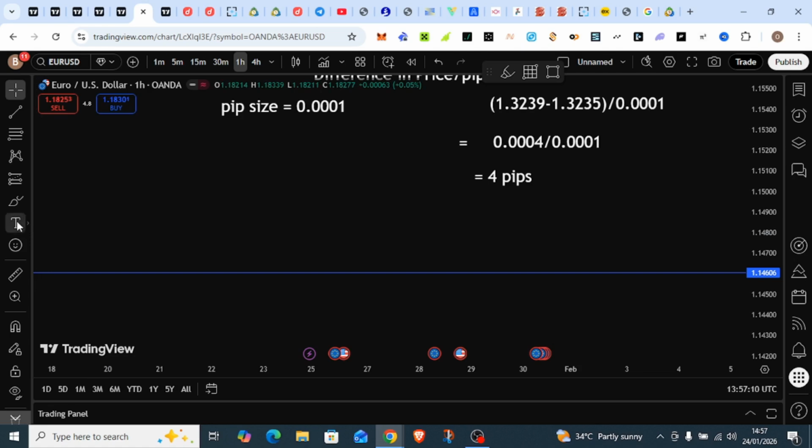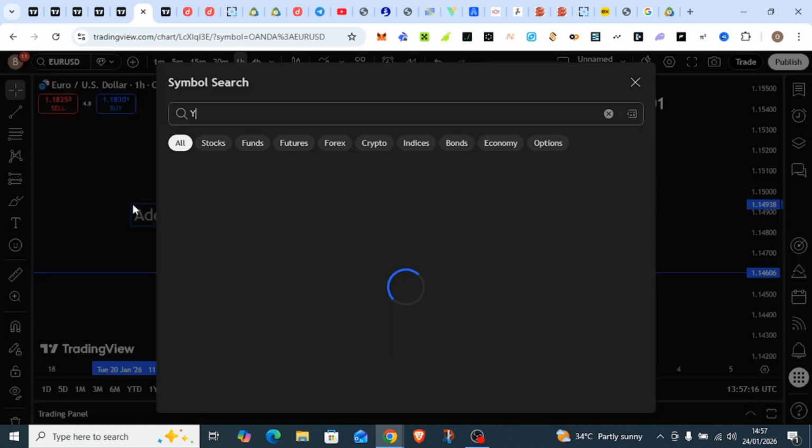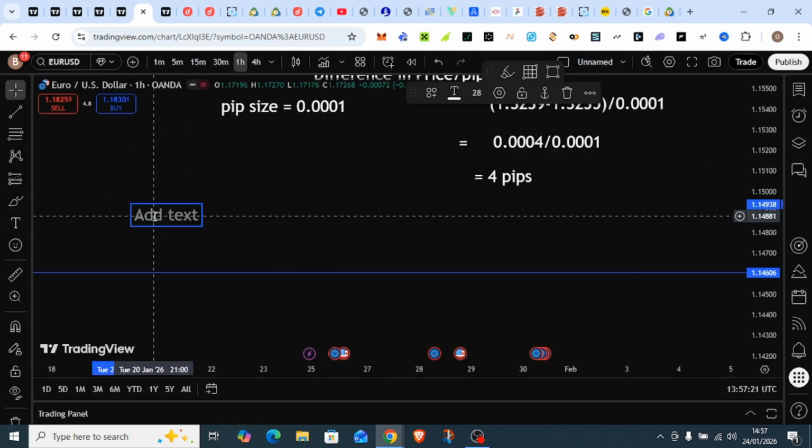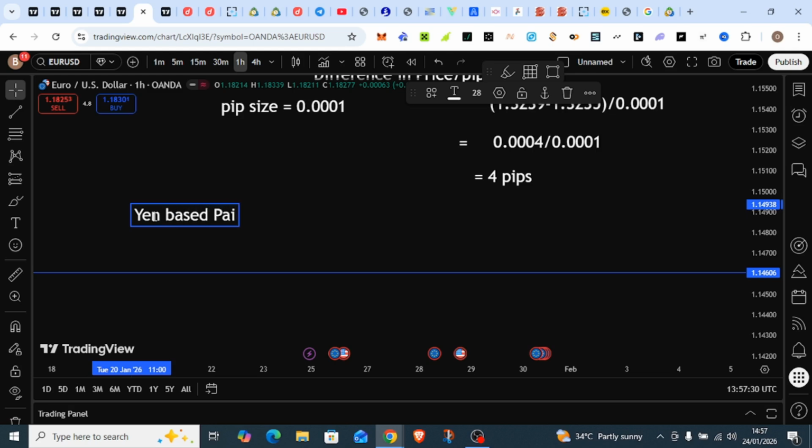For yen-based pairs, we have pairs involving the Japanese yen, JPY.